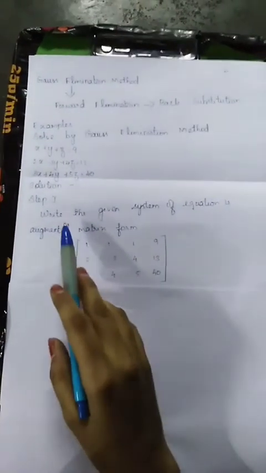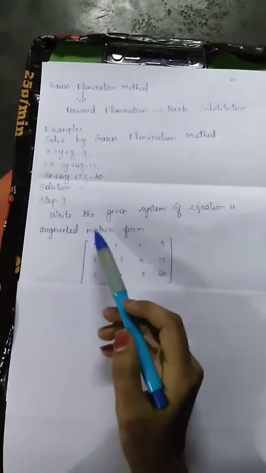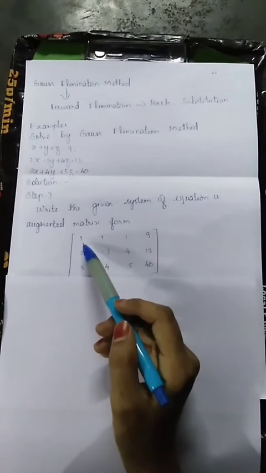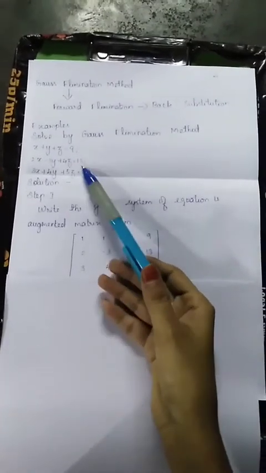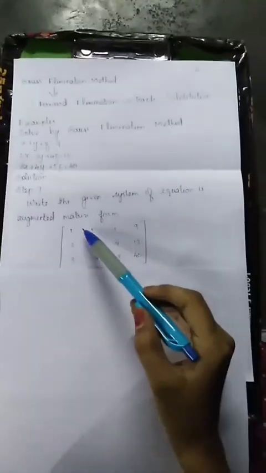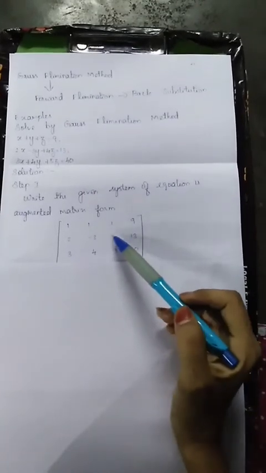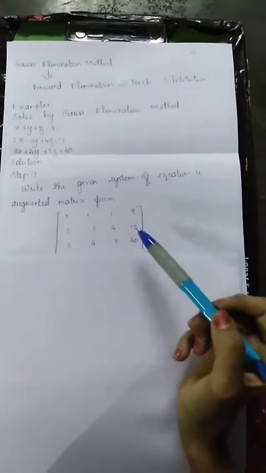Equations are given. Solution. Step 1: write the given system of equations in augmented matrix form, with the coefficients of x, y, z and the constant values: 1, 1, 1, 9; 2, -3, 4, 13; 3, 4, 5, 40.